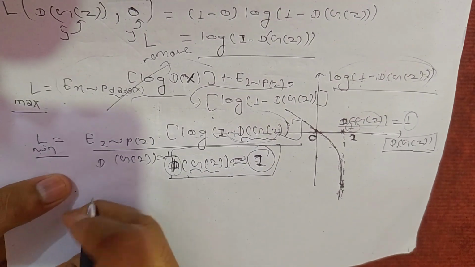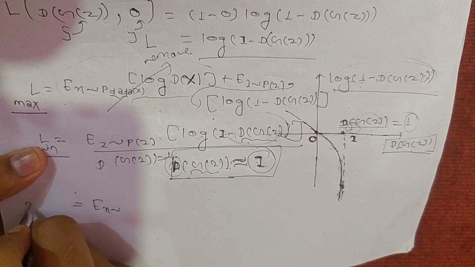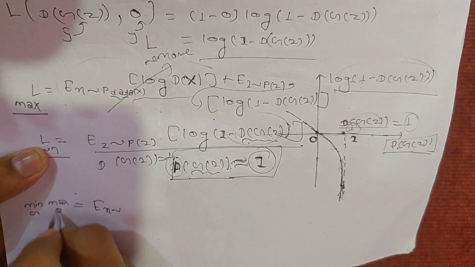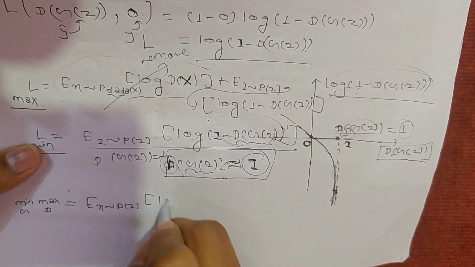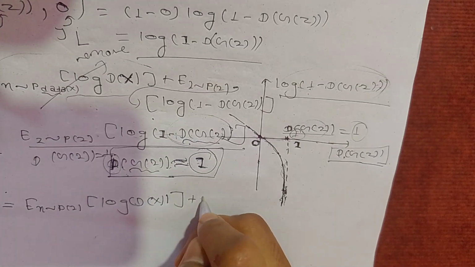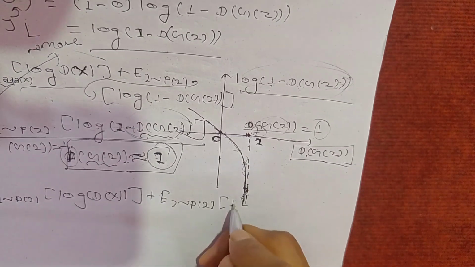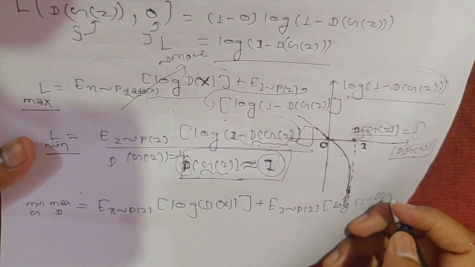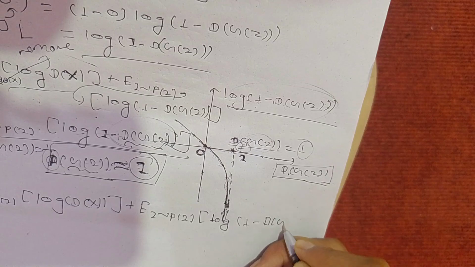So look at the combined form of the loss, E of x sampled from the data, log of D of x, and z sampled from the prior, and log of 1 minus D of G of z.